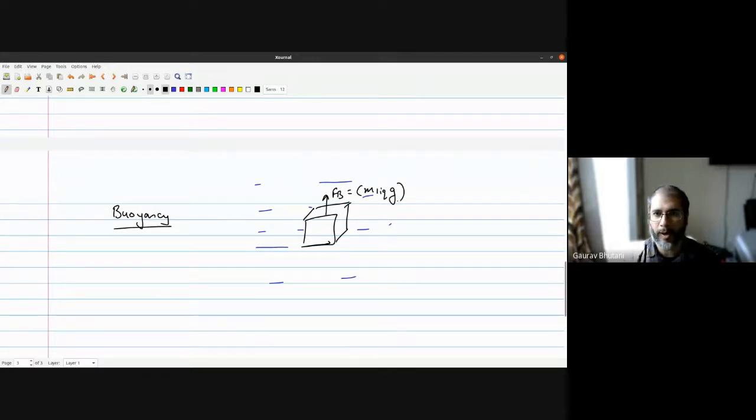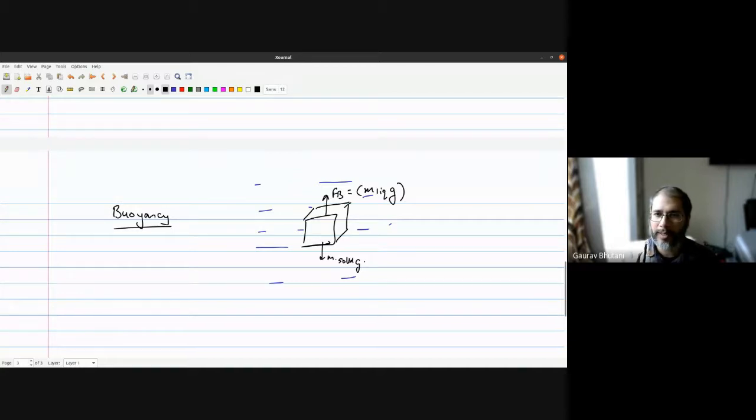So if you make the block bigger, keeping the overall density of the wood, overall mass of the wood the same, what you'll see is that the buoyancy force will start dominating, because there's an mg also acting, which is m solid times g. Okay, so we know this force of buoyancy.